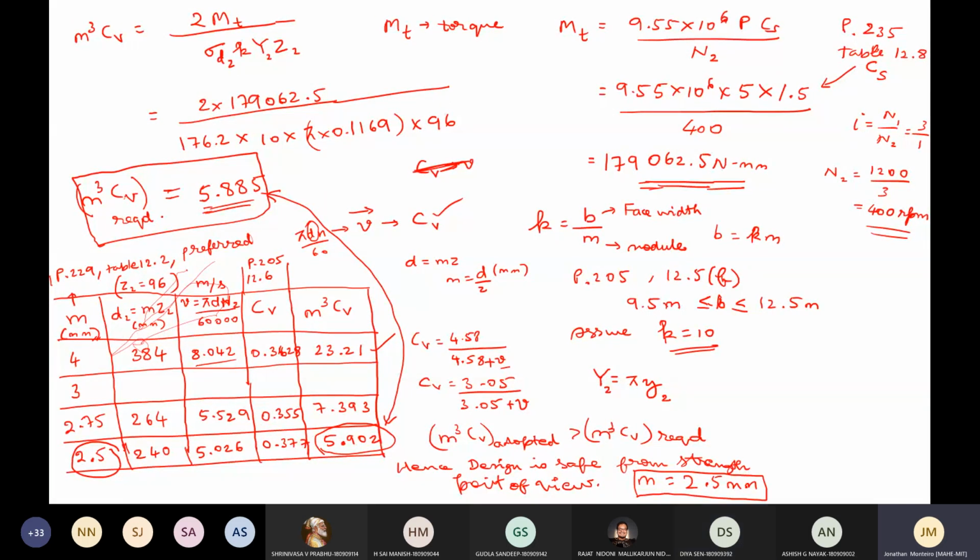Only if there is a space constraint, say d value is given, then you cannot play around with the m value itself. Your m value will be constrained, you cannot choose 2.5 or 3, you will have to go with 2.75. In such cases you are free to choose, otherwise always go with the preferred first one.